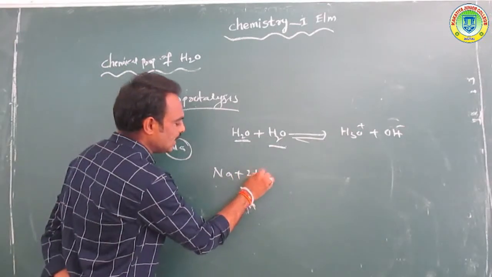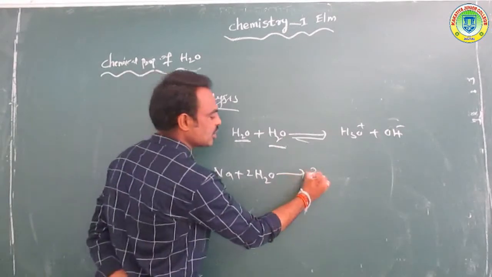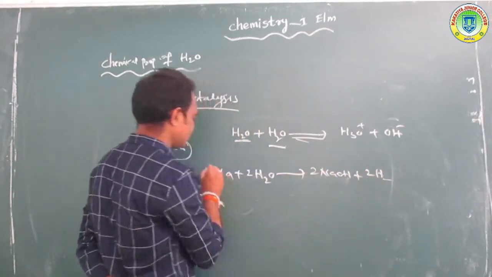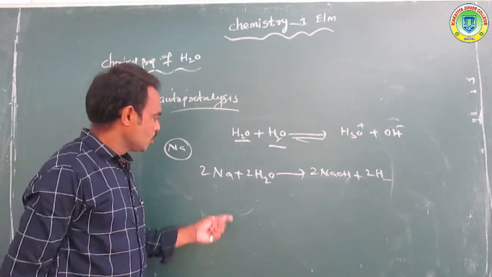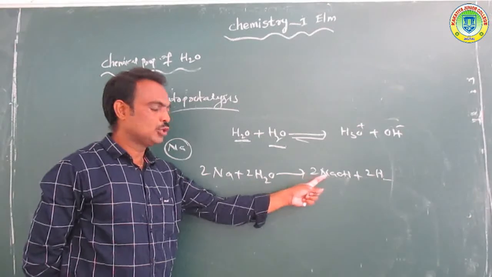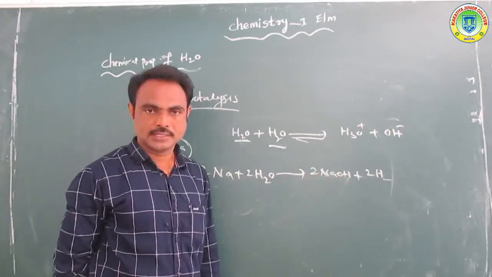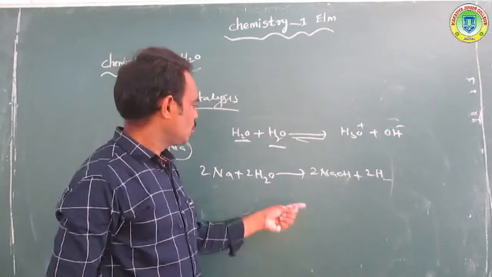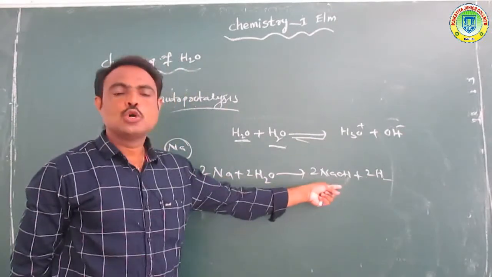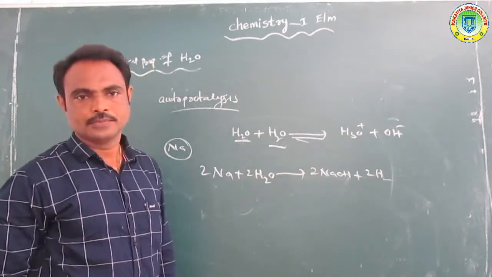This sodium metal reacts with water to form sodium hydroxide and hydrogen gas. Okay, so 2Na plus 2H2O gives 2NaOH and H2. So overall sodium is converted to sodium hydroxide in the presence of water.